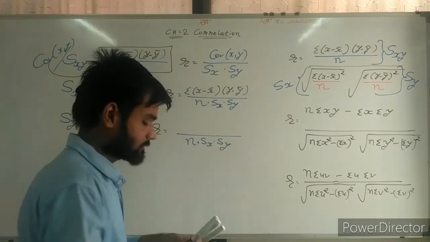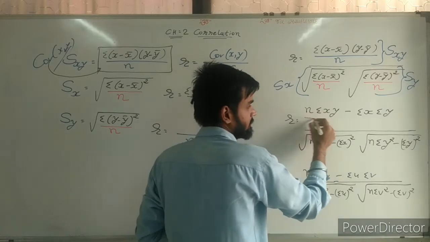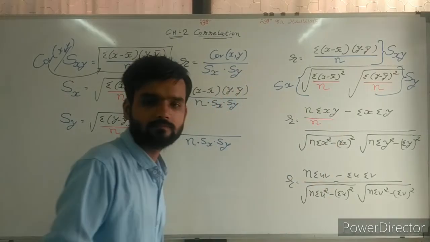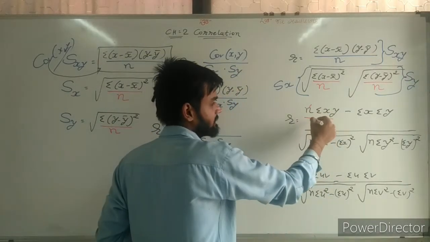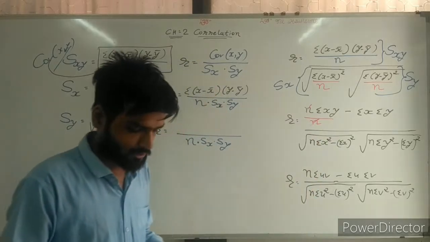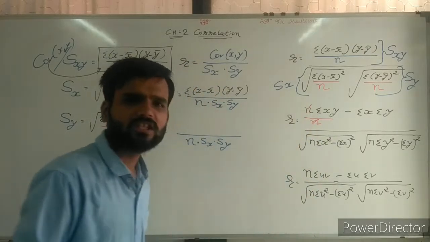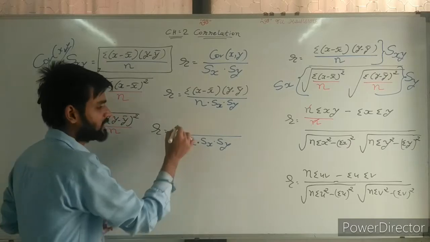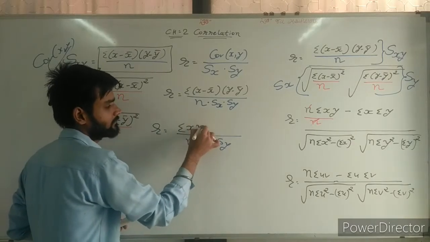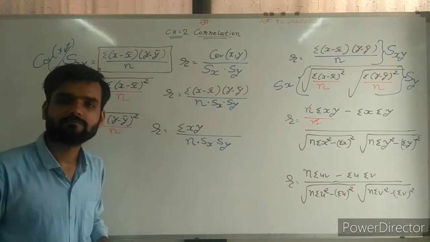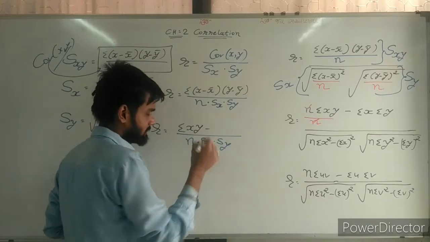Think. Sir, this divide by n. Sir, n cancel. What is the answer? Sigma xy. So write down sigma xy minus.